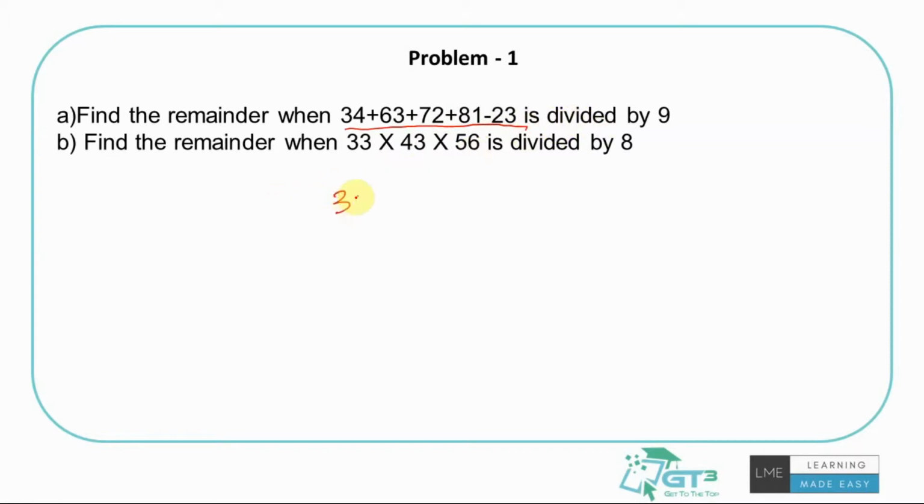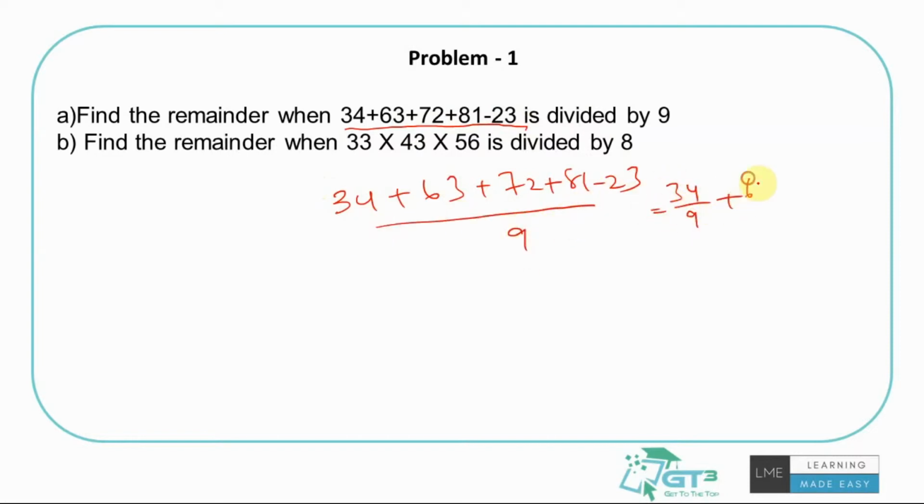So 34 plus 63 plus 72 plus 81 minus 23 divided by 9 is basically the same as 34 by 9, 63 by 9, 72 by 9, 81 by 9, minus 23 by 9. I've just broken them up, right? So what will be the remainder when 34 is divided by 9?